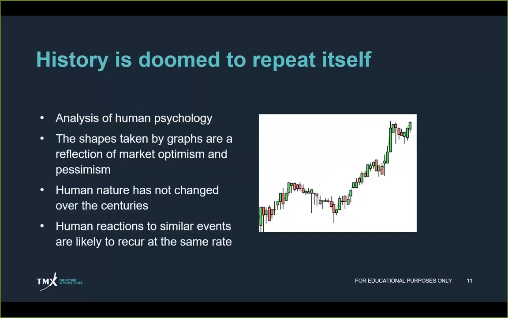So again, I talked about the idea that history is doomed to repeat itself. Again, this goes back hundreds, thousands of years. Even when we look at technical analysis, and more specifically the idea of candlestick analysis, which is the example that you're seeing here in the chart, that actually dates back to ancient Japan, when they used this kind of analysis to track rice charts and other commodities in terms of just being able to follow trends.